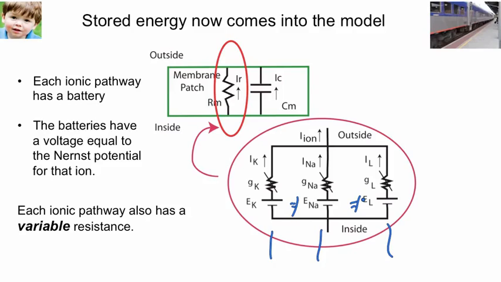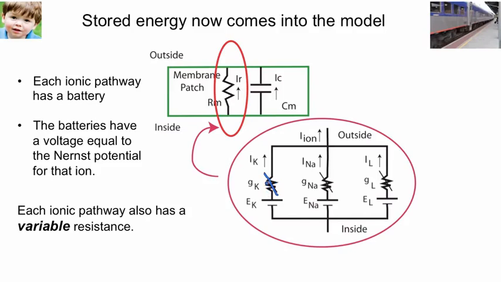We also need to notice that the resistance in each of these pathways is marked with a line through it. So here we have a line through that resistance, and that's a signifier that that resistance is a variable resistance. It's not the same resistance all the time.